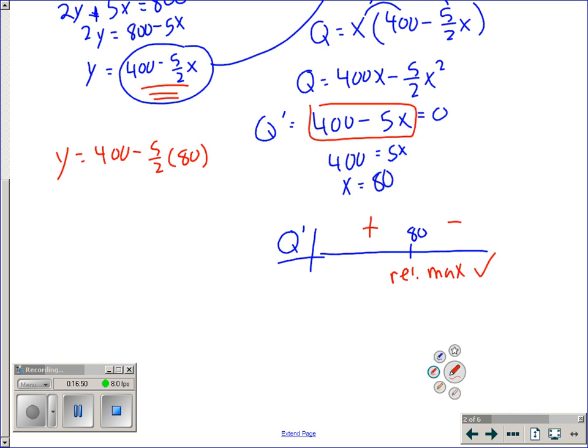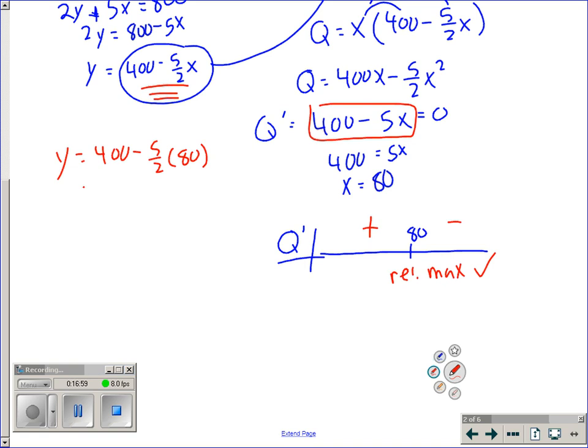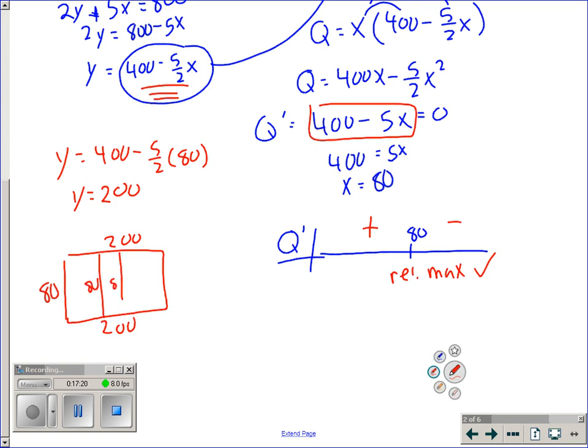Plugging that into my calculator, I get y equals 200. So the dimensions that maximize the area are x equals 80 and y equals 200.